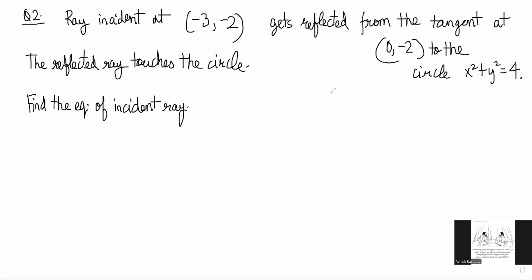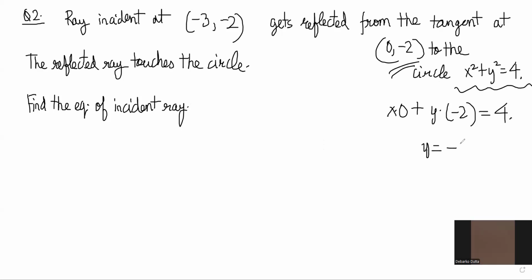So first of all, the tangent at (0, -2) to the circle is easy to find. See, x into 0 plus y into -2 is equal to 4, right? So y is equal to -2 is the equation of this tangent. So the ray incident at (-3, -2) gets reflected from the line y equal to -2.